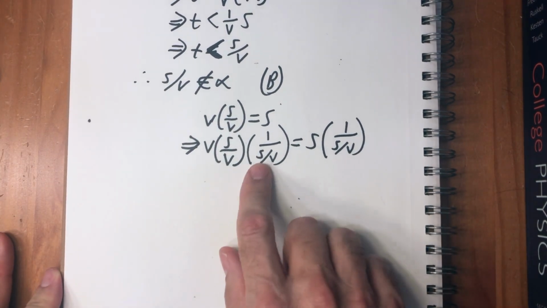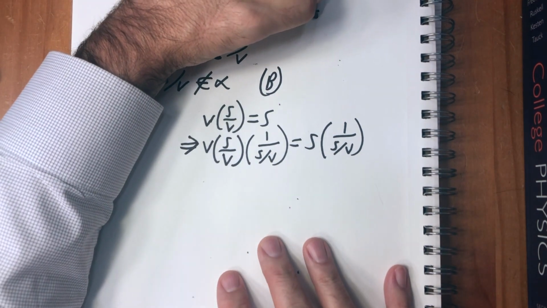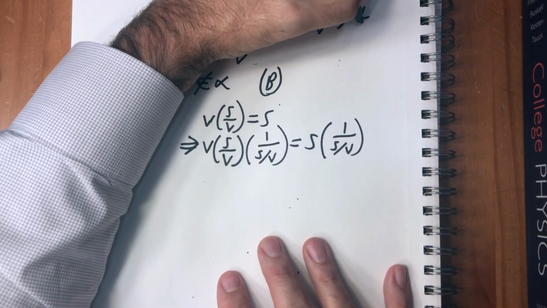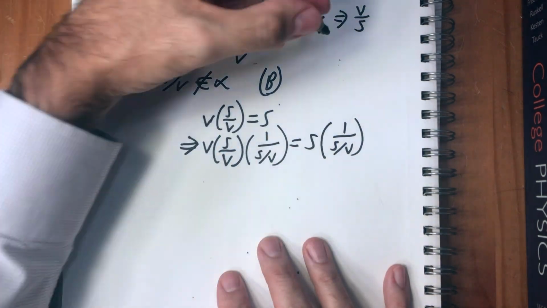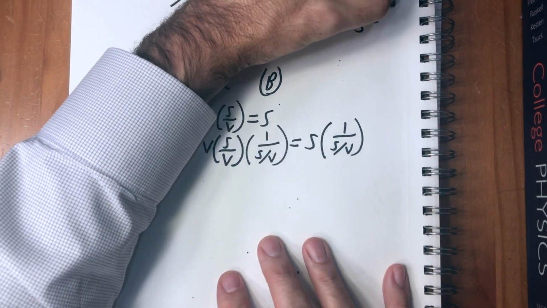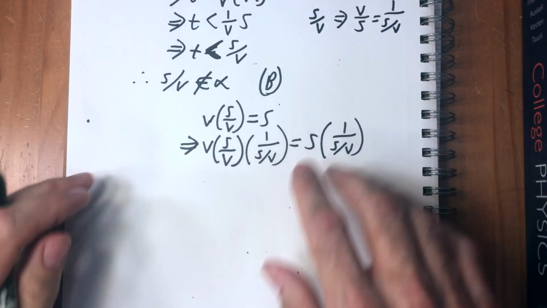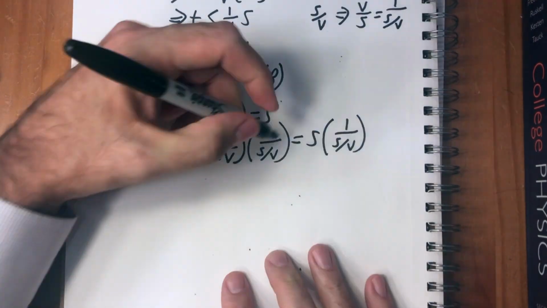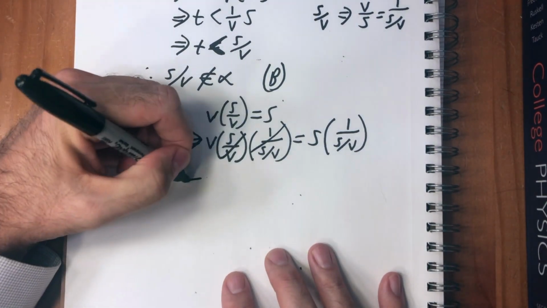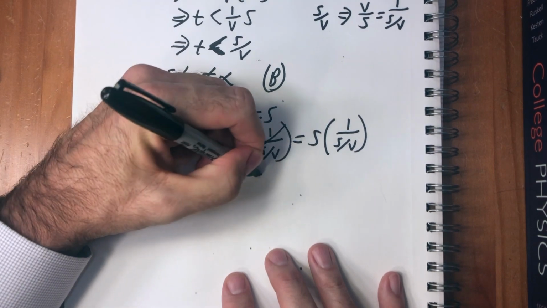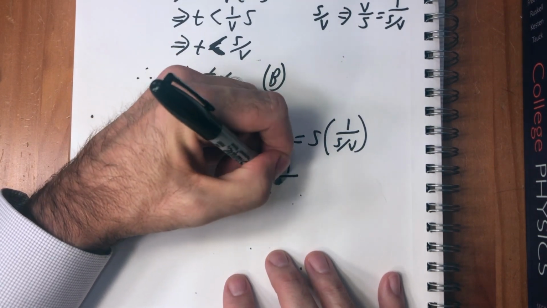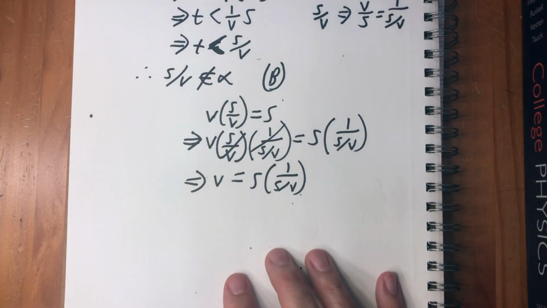The reciprocal of S over V is V over S, but it's also 1 over (S over V). That is just a weird way of writing V over S. Then we cancel these, and we have that V equals S times 1 over (S over V). Wow, you see where we're going?